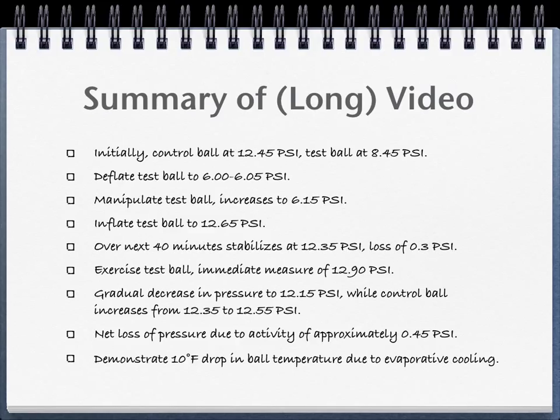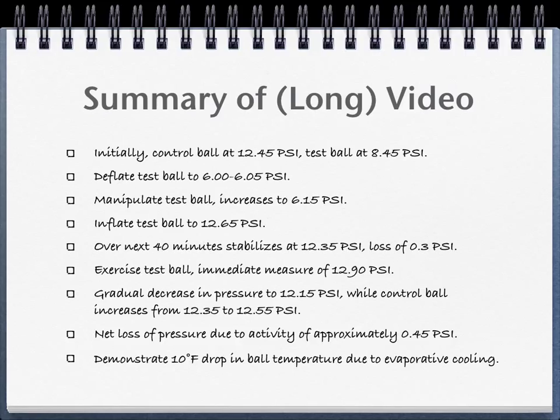I manipulated the ball, pushing in the ends and squeezing the ball. And the pressure increased to 6.15 psi. I waited some time to make sure it was stable, and it was stable. I inflated the test ball to 12.65 psi.